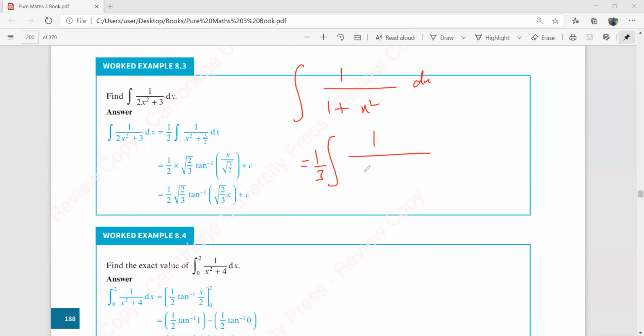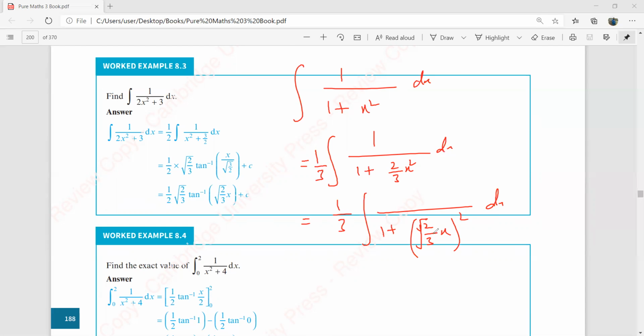I'm writing this 3 out here. So now this is going to be 1 plus 2 over 3 x squared. Then this should be a square over here. This is going to be 1 over 3, and this is 1 plus, let me write all of this in square root, under root 2 over 3 x whole square.